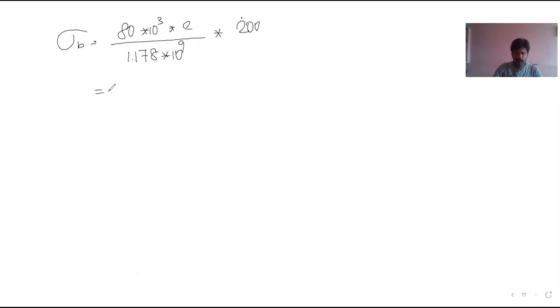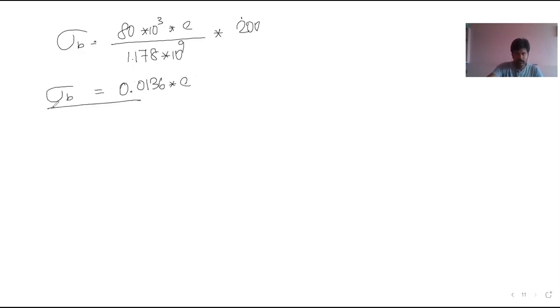If I substitute, the sigma B value can be obtained in terms of e. So 80 into 10 cube into 200 divided by 1.178 into 10 to the power 9. If I substitute these values, I get 0.0136 into e.